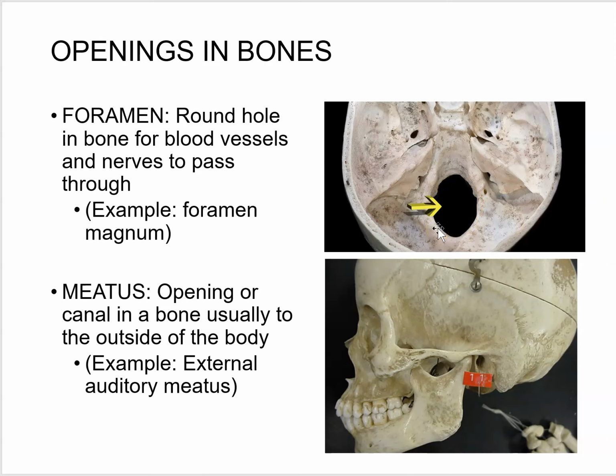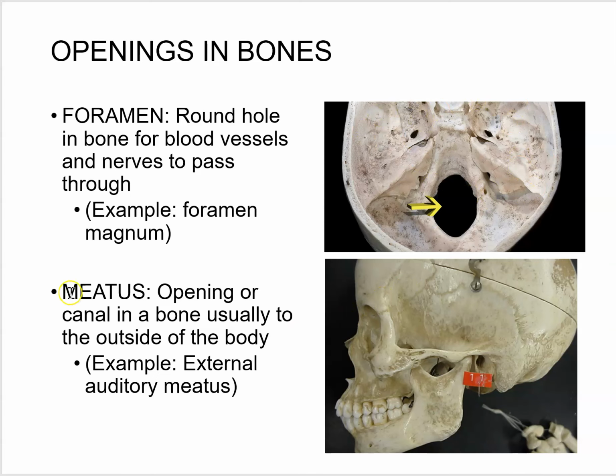And we can think of the spinal cord as one giant nerve. So that fits our definition. It's a hole for blood vessels or nerves to pass through. There are other foramen that are located not only here in the base of the skull, but in other bones, and they too are for blood vessels or nerves to be able to pass through to the skin or inward to the brain and its tissues.